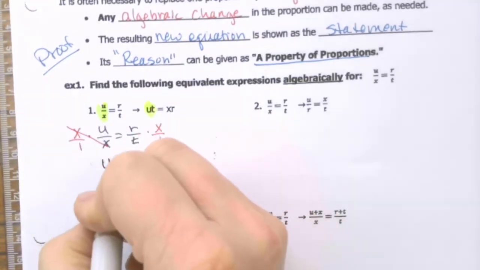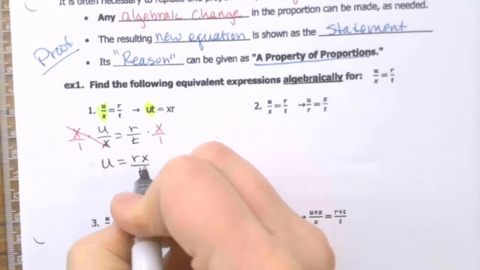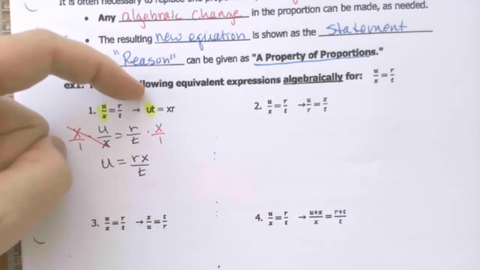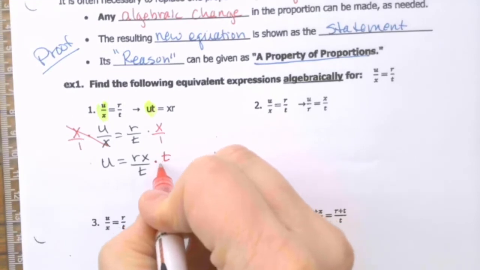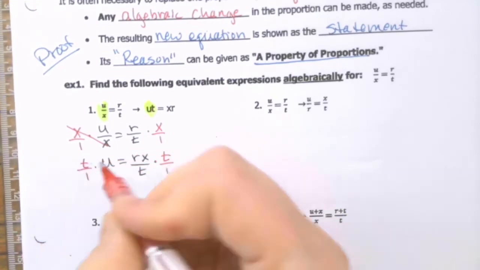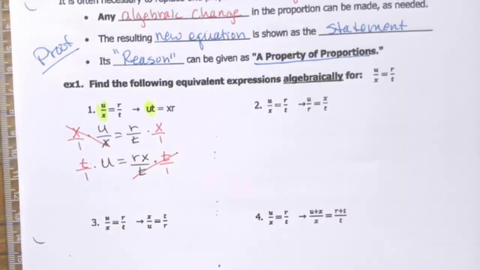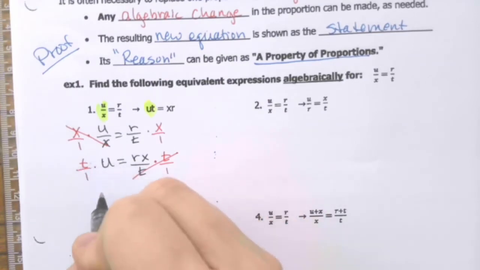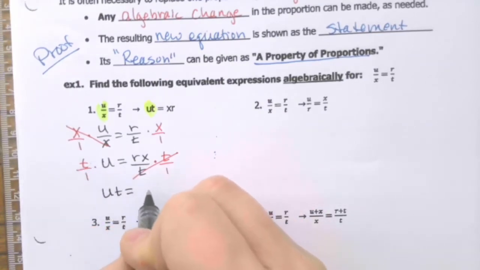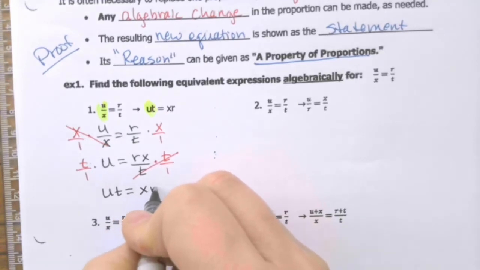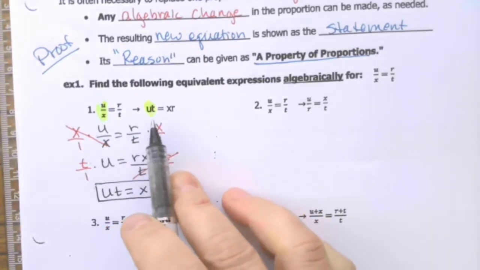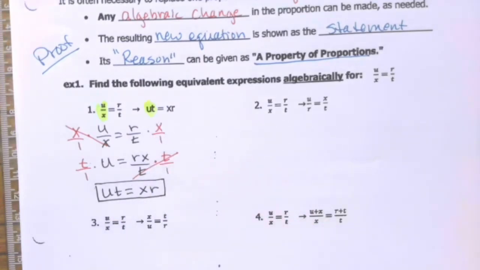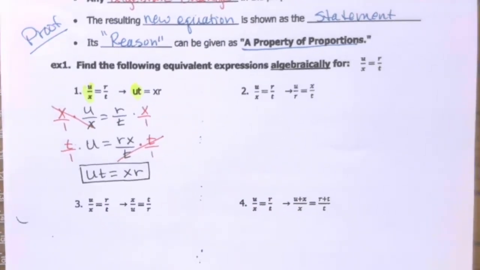That will give us u equals rx over t. And then I need there to be a t on the left, so I'm going to multiply again by the reciprocal, t over 1. So the t's cancel. Now I have u times t equals x times r. So if you just do algebra so the lefts match, then the rights will automatically match if it's a property. Okay, we're going to do the same thing with the second one.